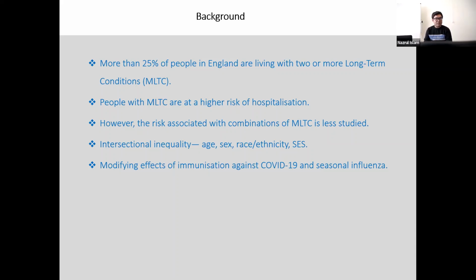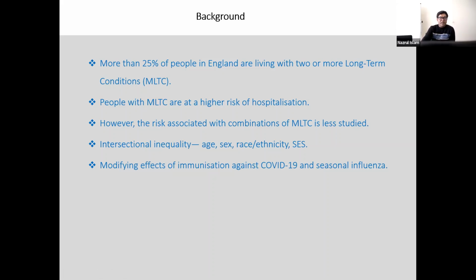Fortunately, we had BHF, and we focused on that data set. What we focused on is minimizing the data and identifying some of the combinations of MLTC that put people at risk. We also examined intersectional inequality by age, sex, race, ethnicity, and socioeconomic status.